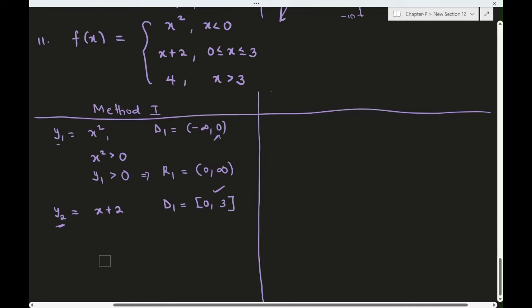So this tells us that the minimum value of y2 is going to be at x equals 0. So if you put x equals 0 here, the minimum value of y2 is at x equals 0.